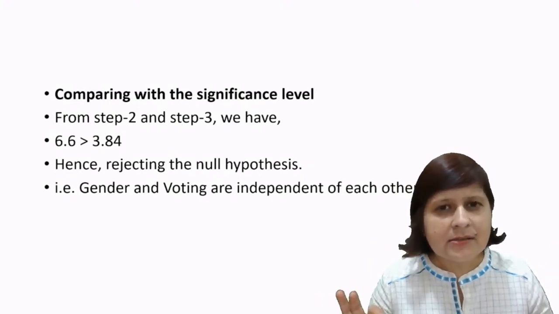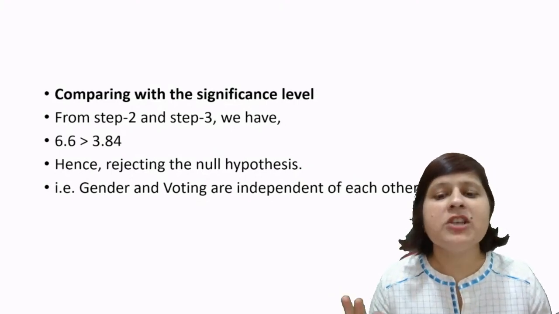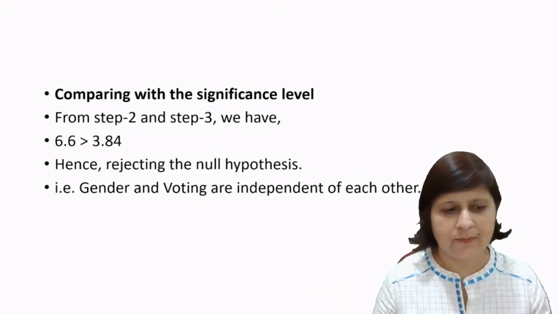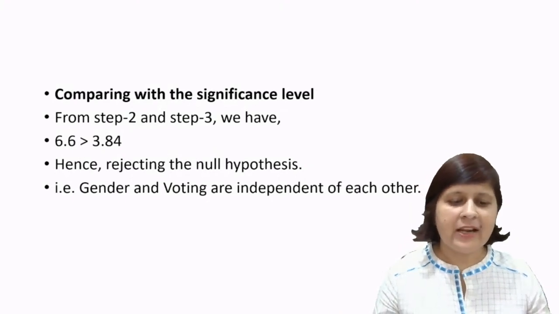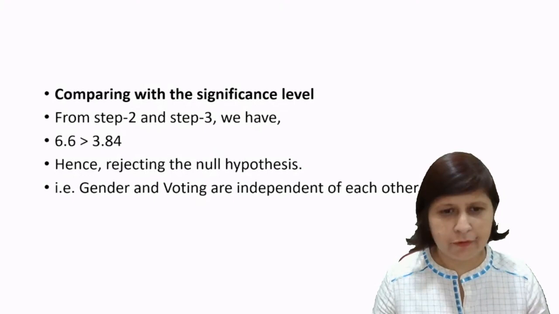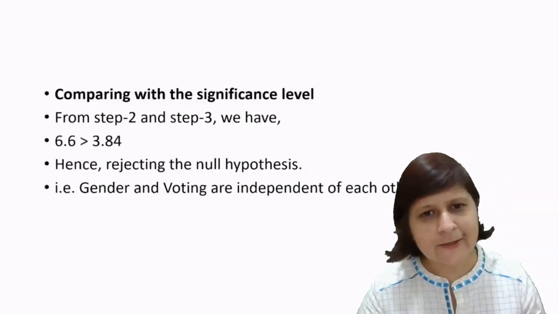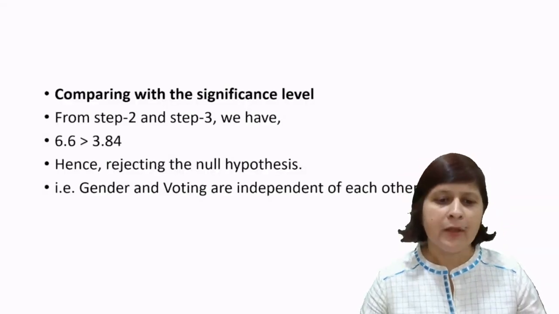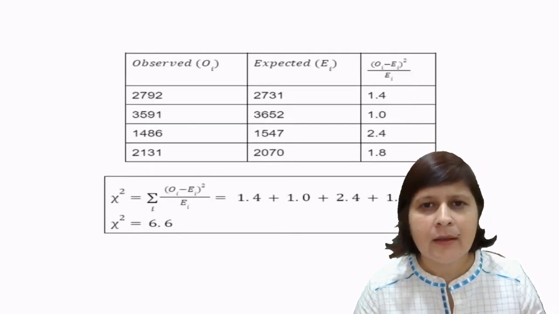And when there is a significant difference, we reject the null hypothesis. That is, gender and voting are not independent of each other, right? I hope now this is clear to everyone, right?